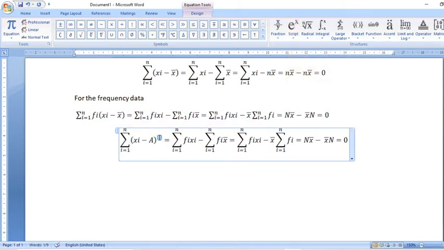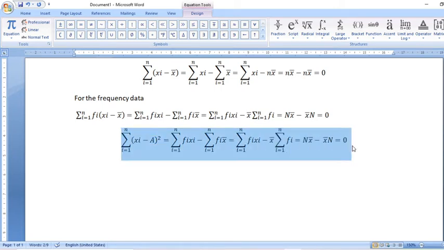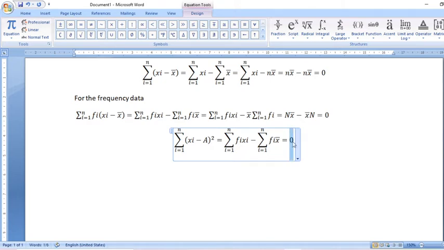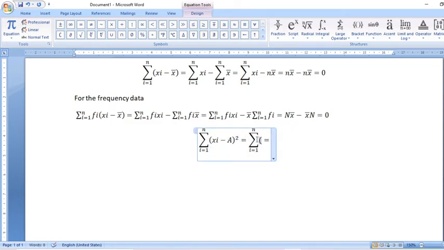This is exactly the sum of squares of deviations, and it will be minimum, meaning the least value will be attained, only when we use x bar, that is, the deviations xi minus x bar.